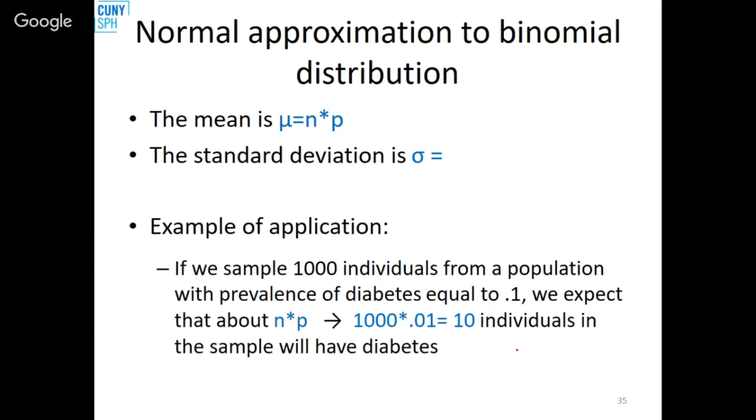So what's the standard deviation here? It was the square root of 1,000 times 0.01 times 0.99.